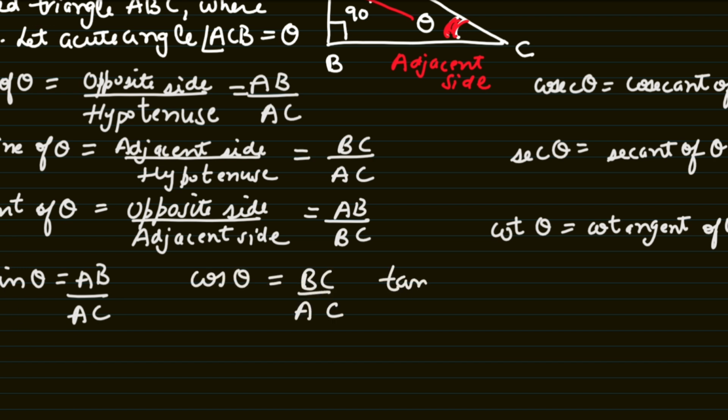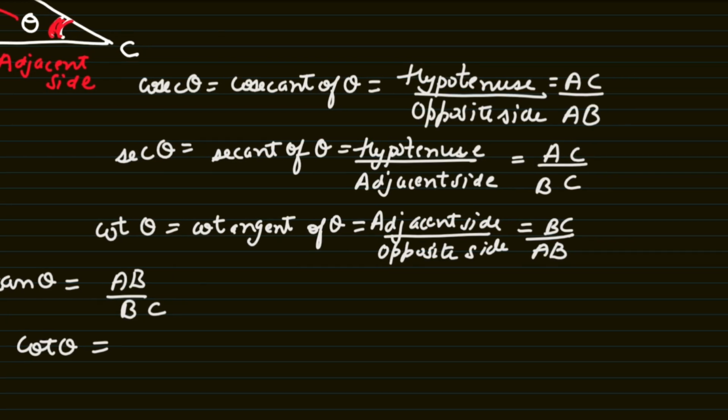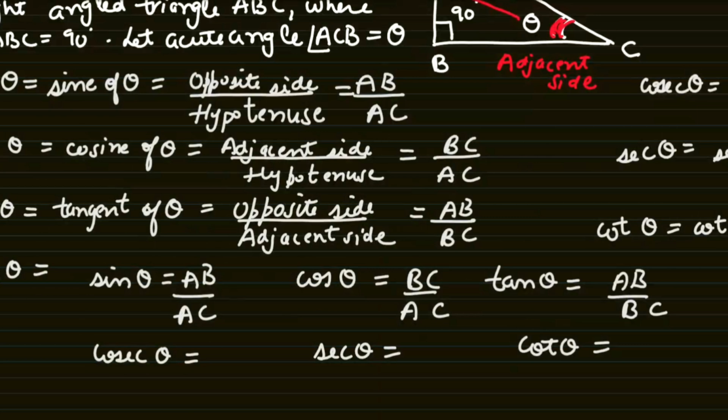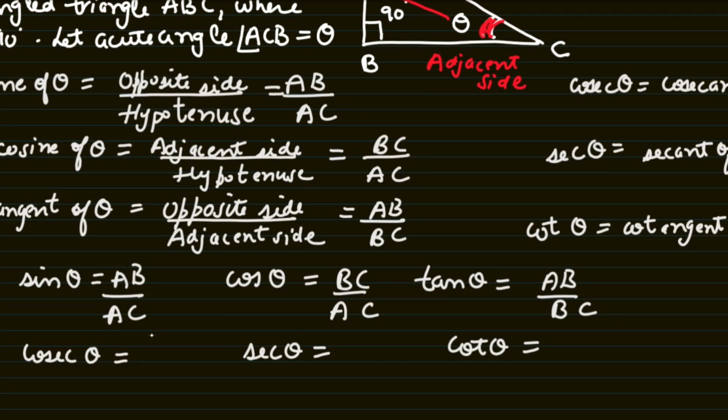Tan theta is AB upon BC. Then we have cosecant theta, secant theta and cot theta. Here you can see the values of cosecant theta, AC upon AB, secant theta, AC upon BC, and cot theta, BC upon AB.